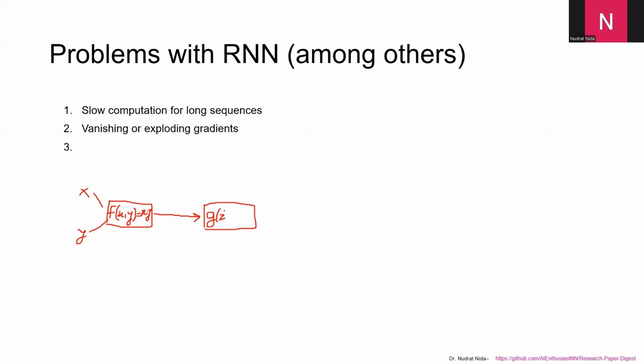We can say it is g of z, and it might be like z square. And the output is basically z.